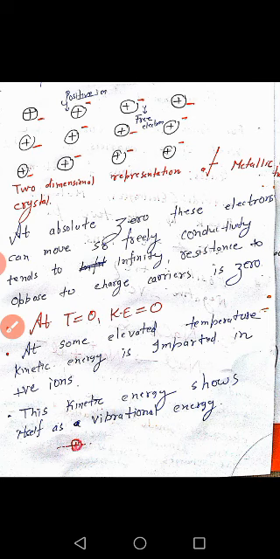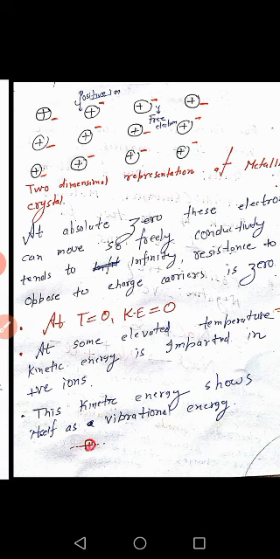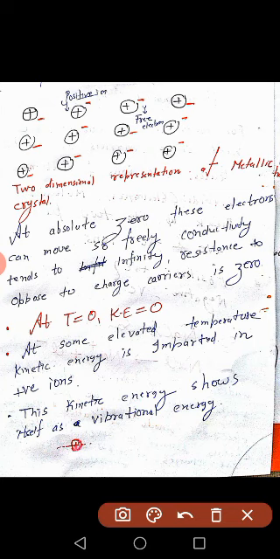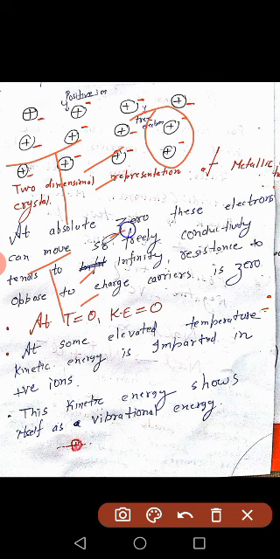Now what is the next point? At some elevated temperature, kinetic energy is imparted to positive ions. Because we have assumed T equal to 0, what do we mean by T equal to 0? T is the absolute temperature. T equal to 273 plus t in degrees Celsius, where t is the normal temperature, which is our ambient temperature actually.